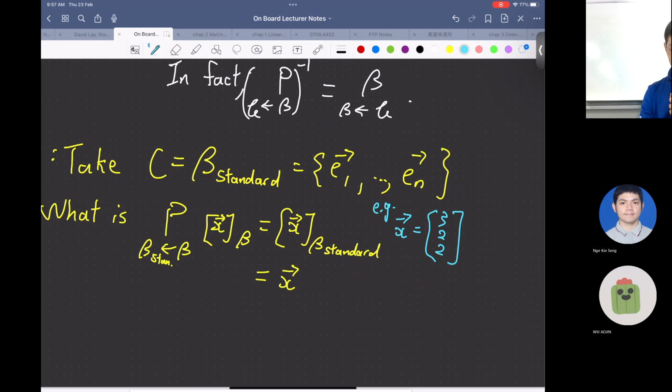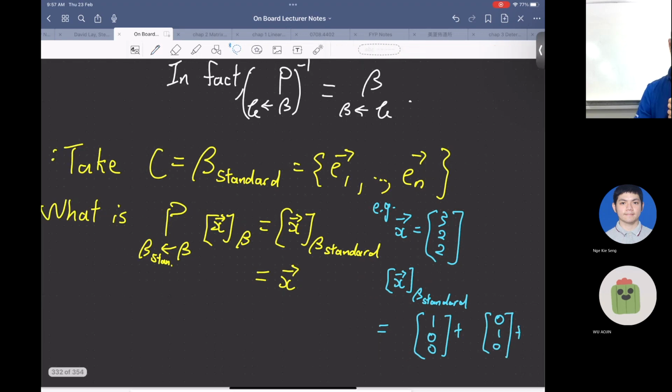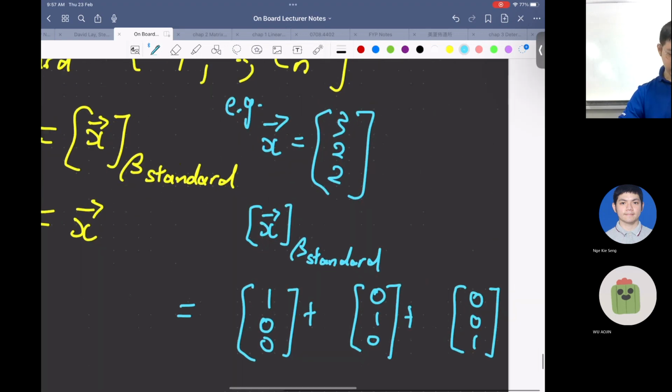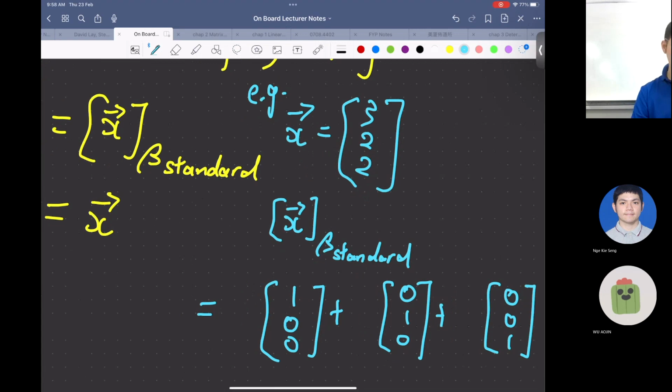What's the coordinate vector for 3, 2, 2 in the standard basis? What's the coefficient in front of the standard basis? It's just 3, 2, 2.